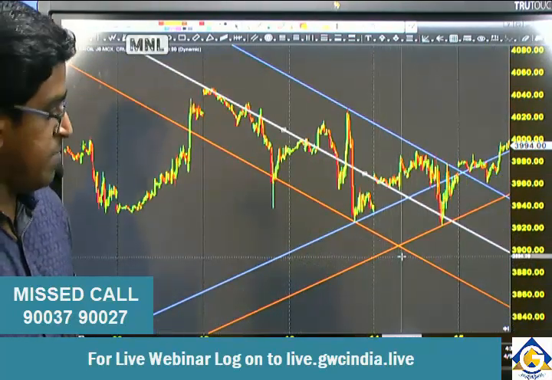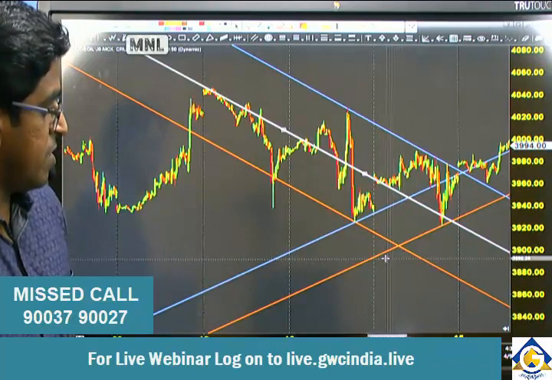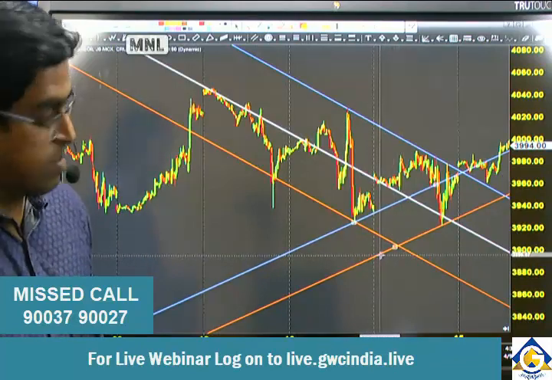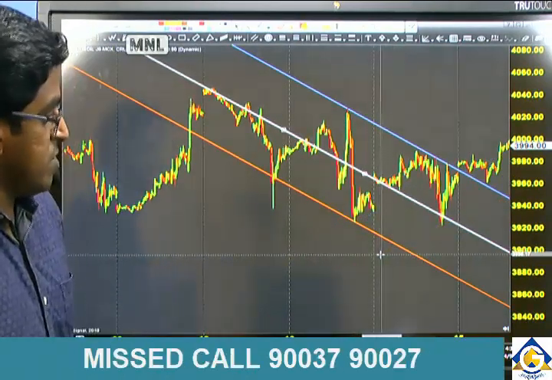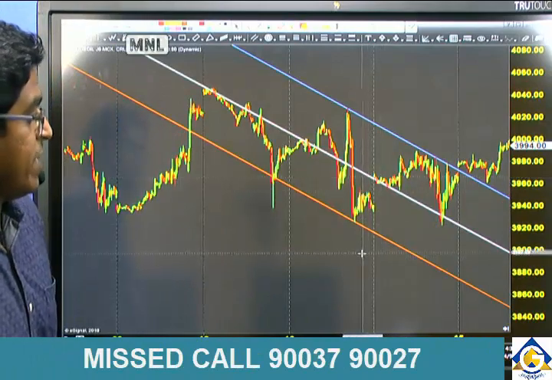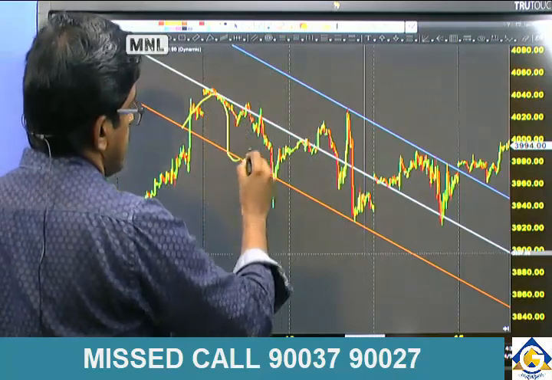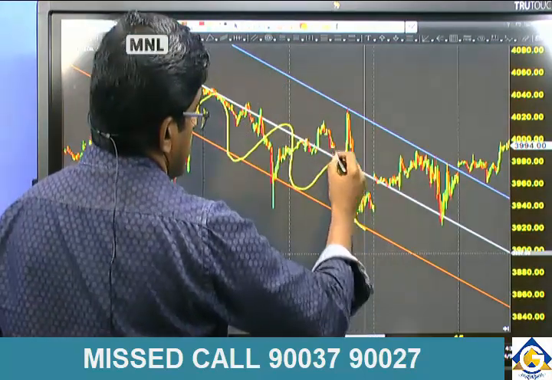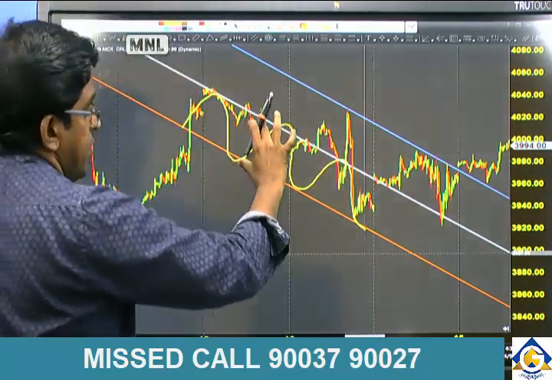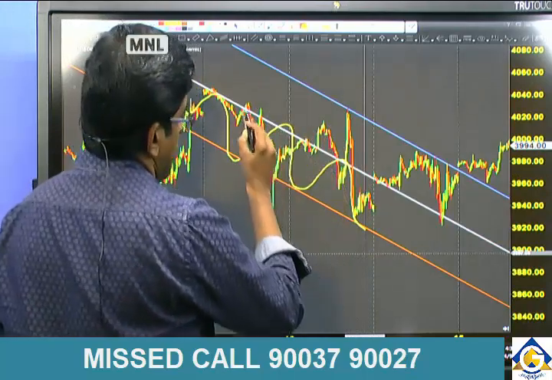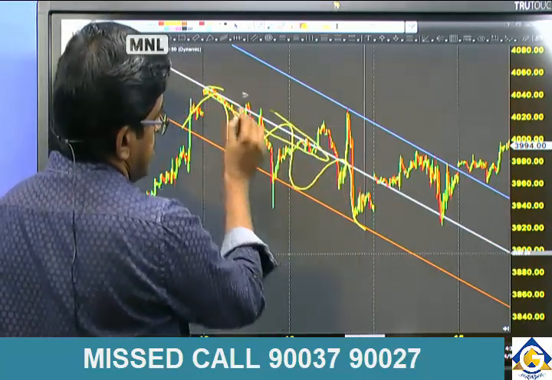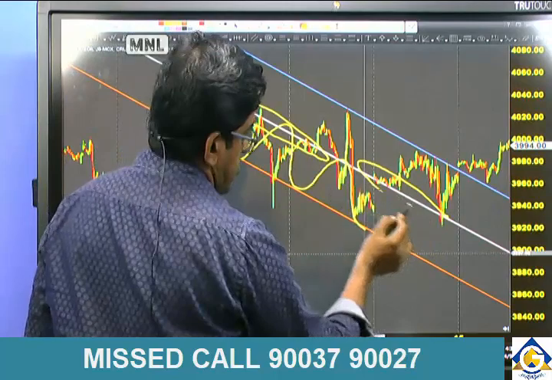I'll delete this line. Okay, I'm going to delete this line also. Here you could see the midline. The white line is the midline. So always, if you have drawn a trend line very clearly, the midline will have an intermediate trend, and it will clearly act as a resistance and as a support.